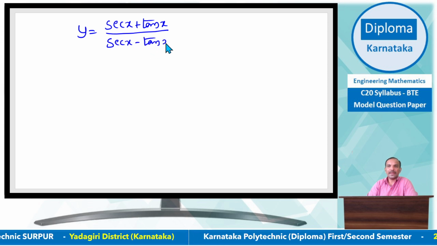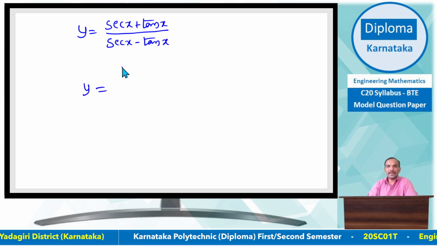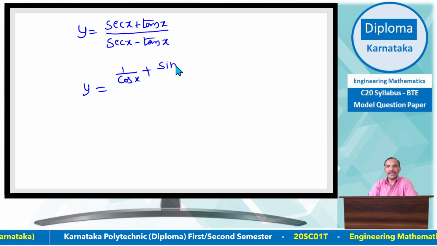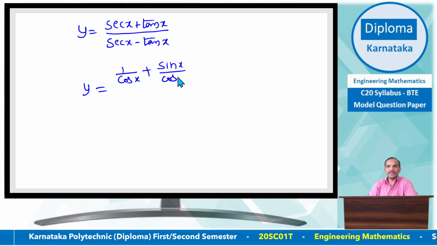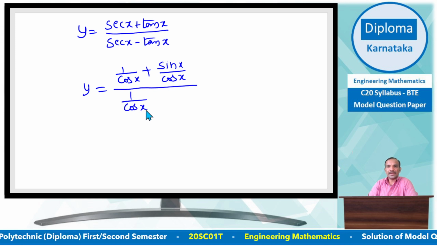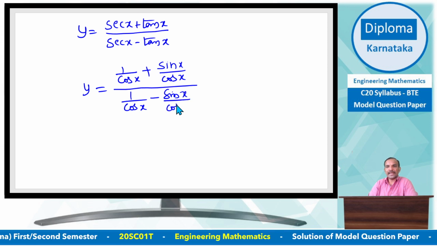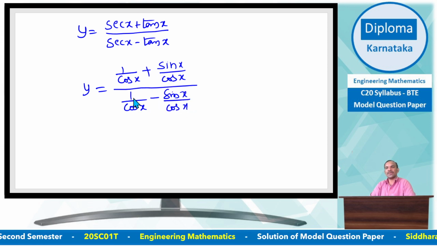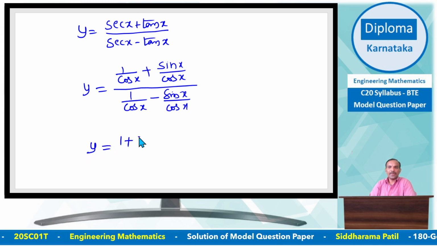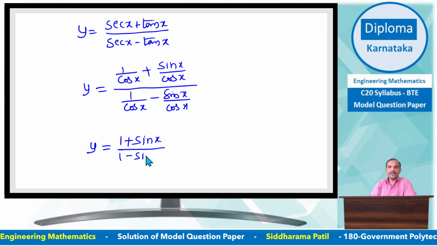If you want to make it simple, first you have to simplify: sec x is 1 by cos x, plus tan x is sin x by cos x, divided by 1 by cos x minus sin x by cos x. If you take the LCM, cos x cancels, and what remains is y equal to 1 plus sin x divided by 1 minus sin x.